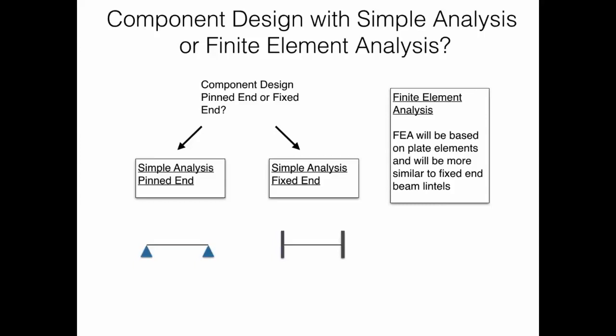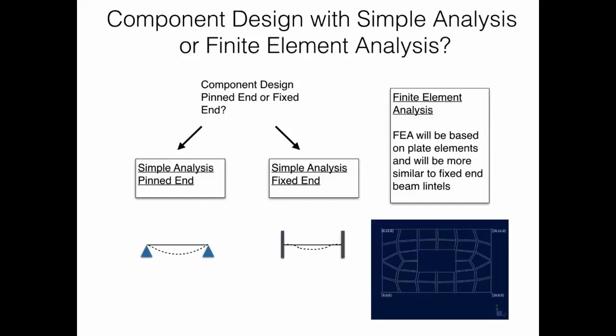Do I have a simple analysis, fixed end? That would be if I would have bottom reinforcement, top reinforcement lintels, just for you engineers out there. Or finite element analysis, which is really going to give me a pretty robust solution, right? I mean, it's pretty simple to look at those first two diagrams and say, yeah, I can do that by hand. I can do this pretty easily, right?